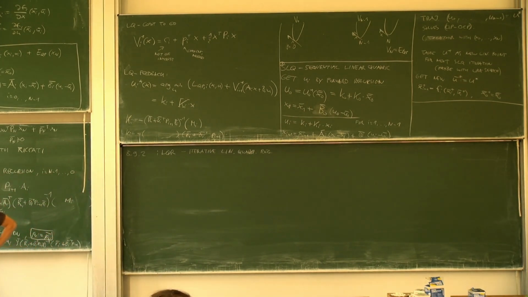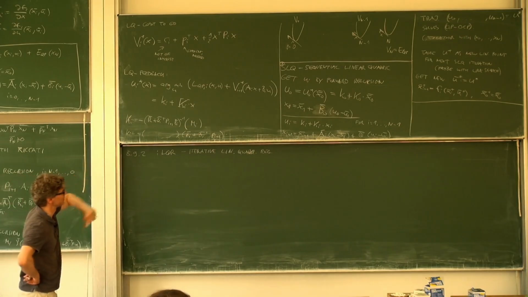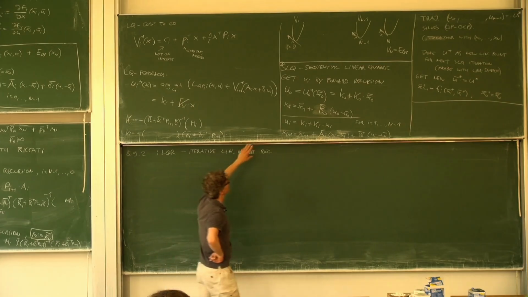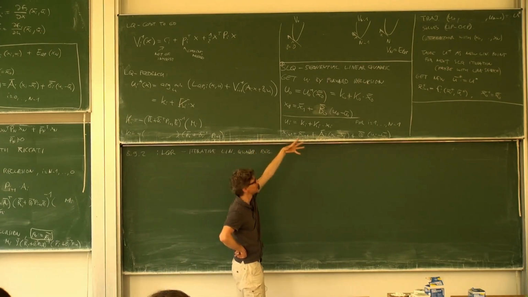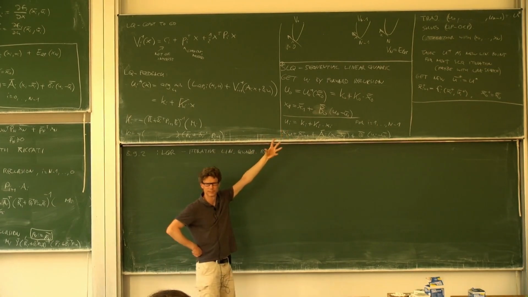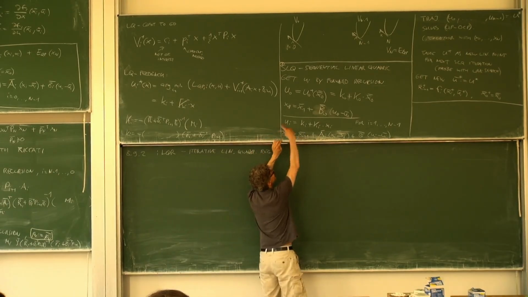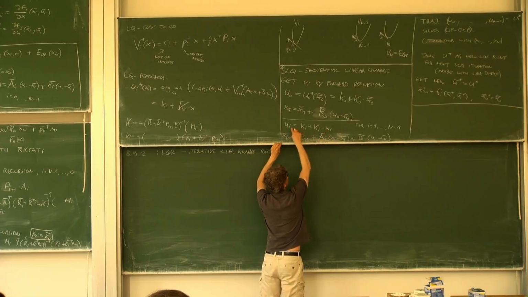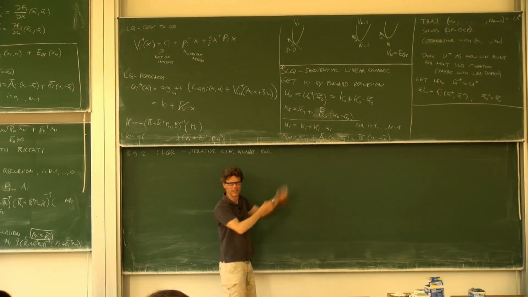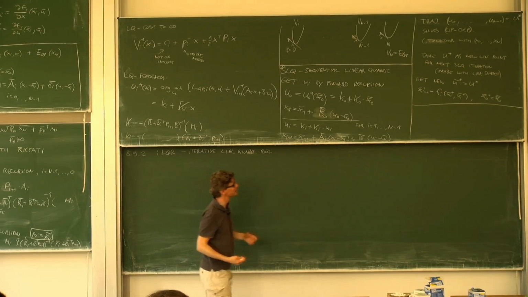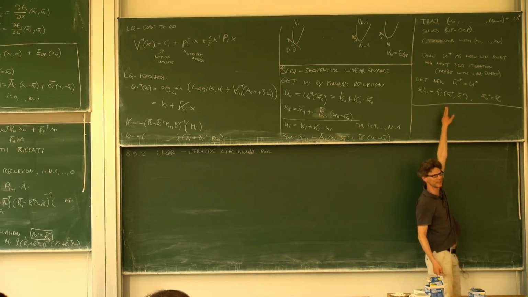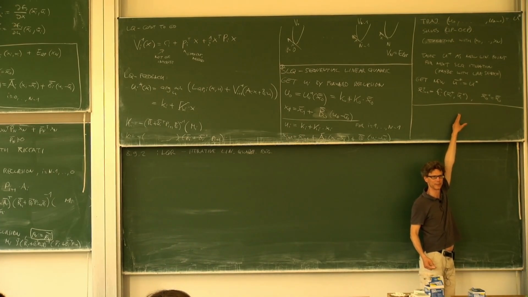So if you look at this whole setup here, what we do is we generate our controls and our x's. We need these x i plus 1 in order to generate the next controls, right? Because in order to find the next control, we need the x. But then we throw the x away, and then we simulate our nonlinear system forward in order to get the next linearization point.